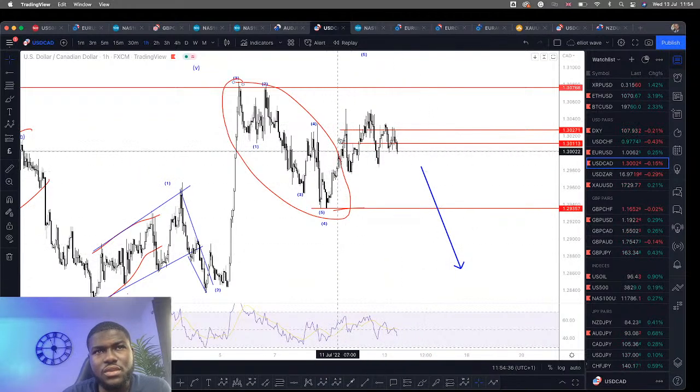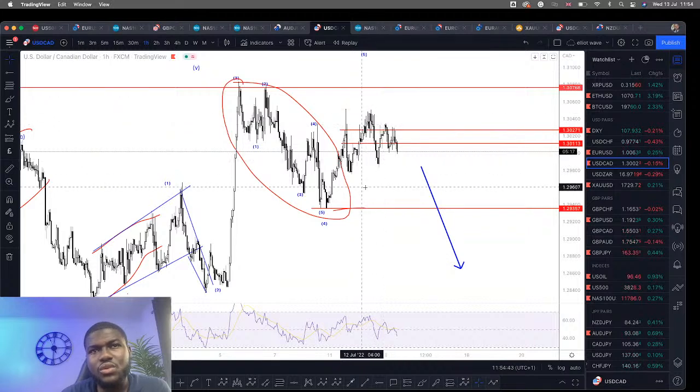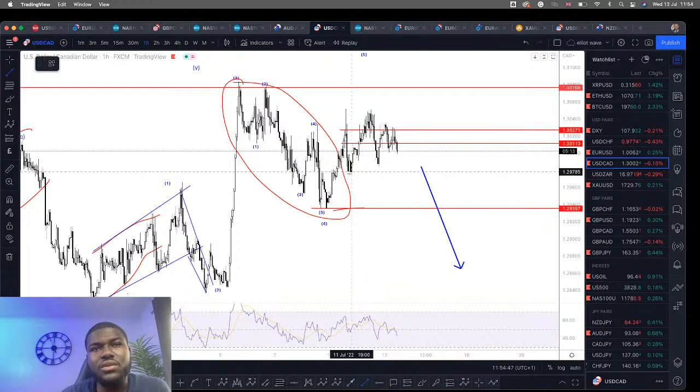So now this looks like a nice wave to the upside, and this to the downside. So it looks more like a zigzag correction, or a triangle correction. I'm trying to wait and see what is happening here.